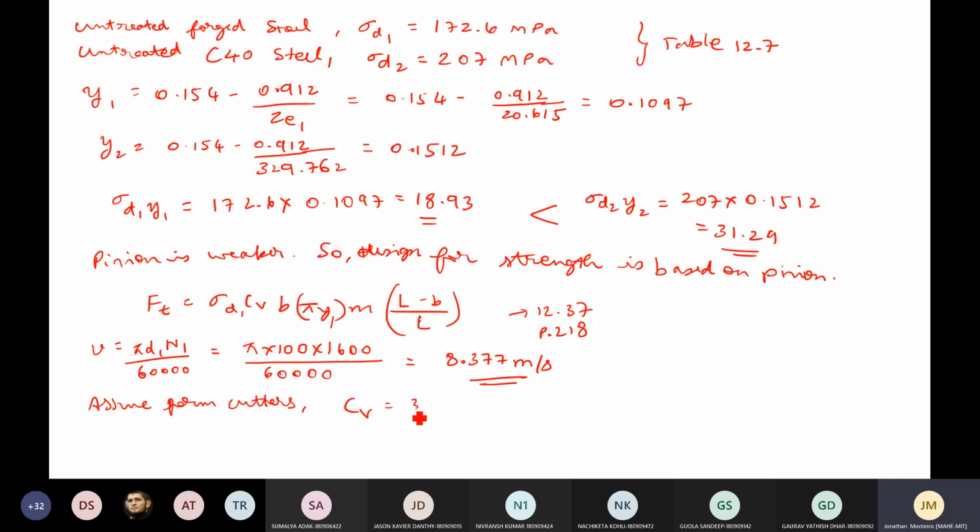So CV will be 3.05 by 3.05 plus V. With 8.377, I'm getting around 0.267 after rounding off the recurring decimal.